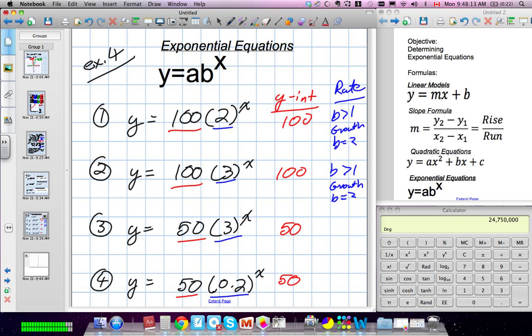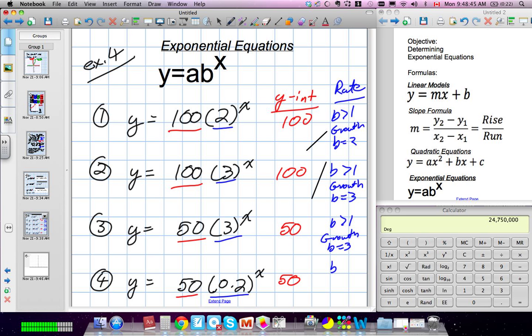But because b is the number 3, the rate of change is even steeper. Imagine we're doing the slope of a line. This one, our b is steeper than when our b is 2. When b is 3, our rate of change goes up even more than when b was 2. This one, again, b is greater than 1. We know it's growth, and b is 3.